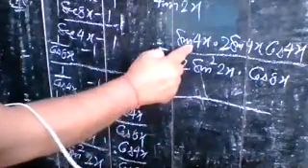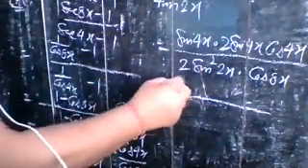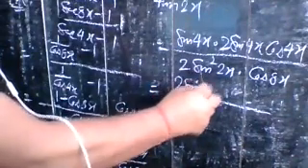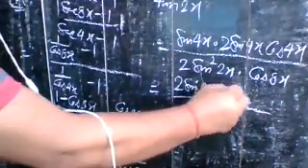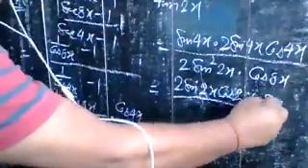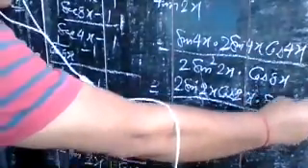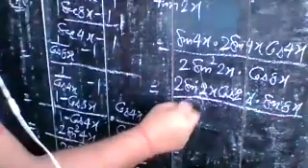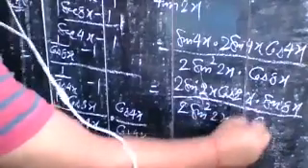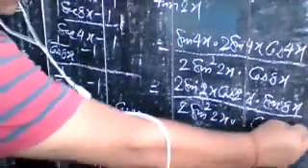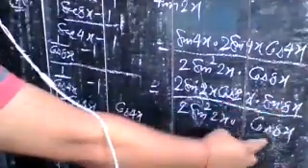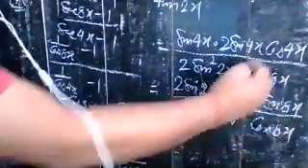And sine 4x you expand again, applying the same identity. Sine 4x can be written as 2 sine 2x cos 2x. Okay, and here that is equal to sine 8x divided by 2 sine square 2x into cos of 8x. So here sine 8x upon cos 8x is equal to tan 8x.